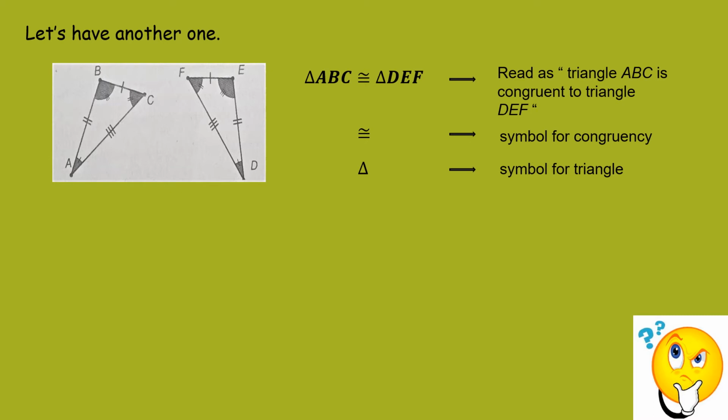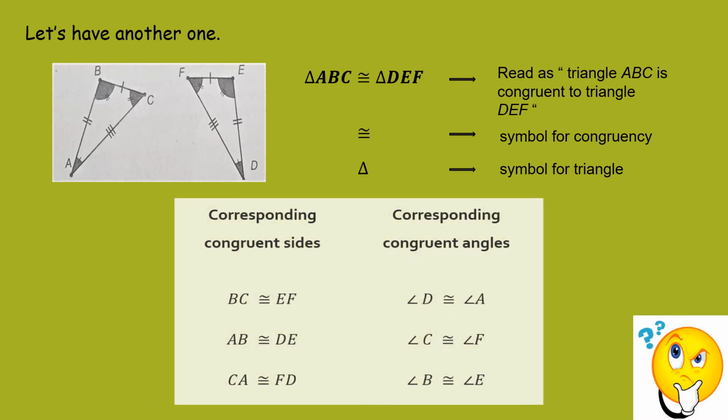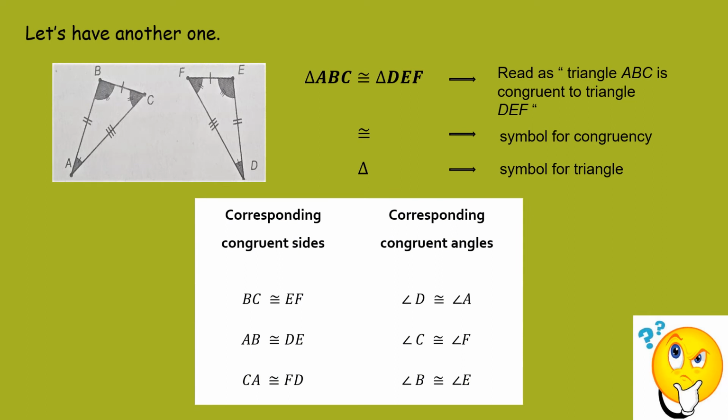The corresponding congruent sides and angles are: side BC is congruent to side EF, side AB is congruent to side DE, side CA is congruent to side FD. For angles, we have angle D is congruent to angle A, angle C is congruent to angle F, and angle B is congruent to angle E. Did you get it, class? I hope so.